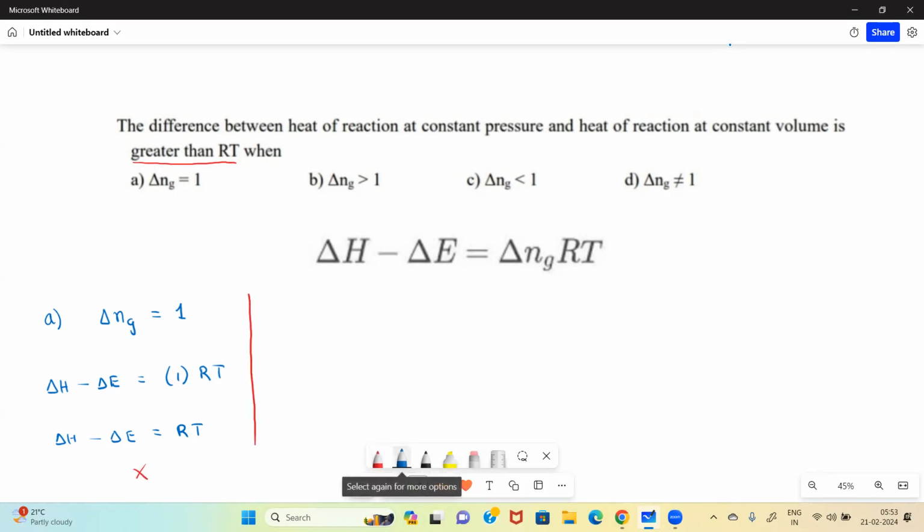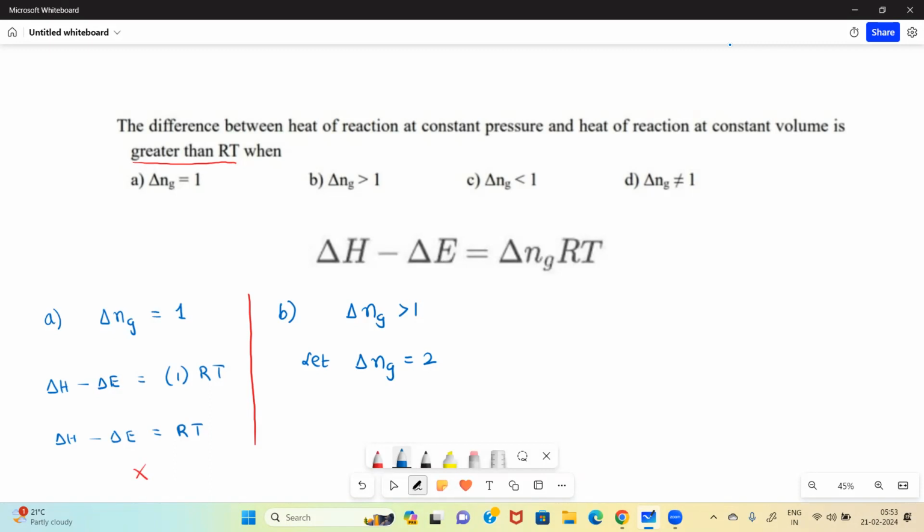Therefore, the first option is not correct. Next, delta Ng is greater than 1. Let's take one example: let delta Ng be equal to 2. What does that mean? The number of moles of gaseous products is 2 more than the number of moles of gaseous reactants, correct?